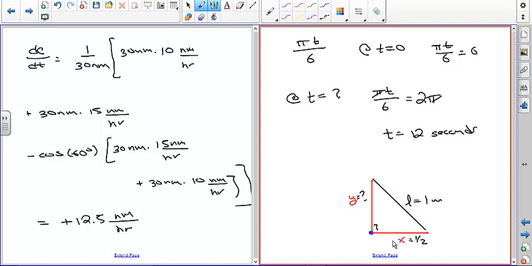It's not 1/2. So it's not symmetric, even though it looks like it's symmetric. What you need to do is solve for y. So, y squared plus 1/2 squared equals 1 squared. So solve for y.